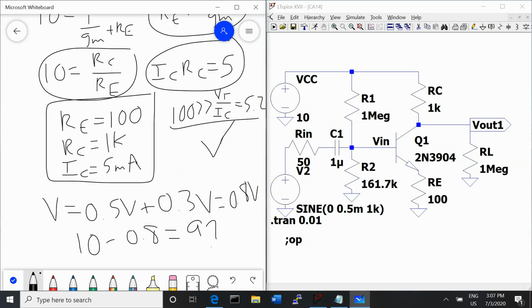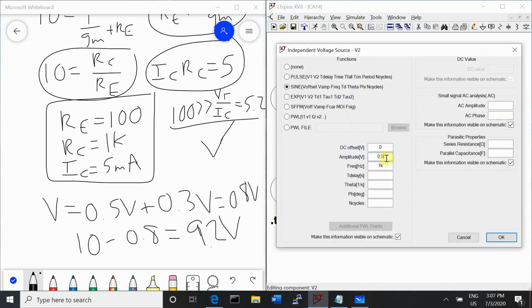So that's going to give us 9.2 volts as our maximum possible voltage amplitude. So we're going to set our input to 0.46 volts, because with a gain of 10, that will give us 9.2 volts.